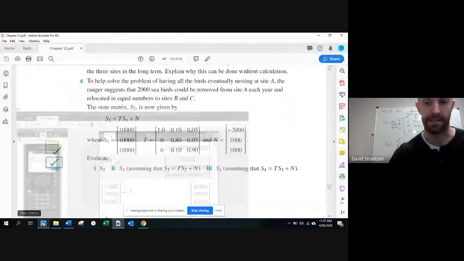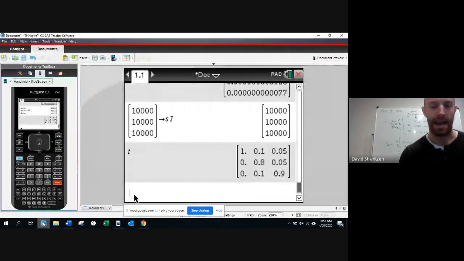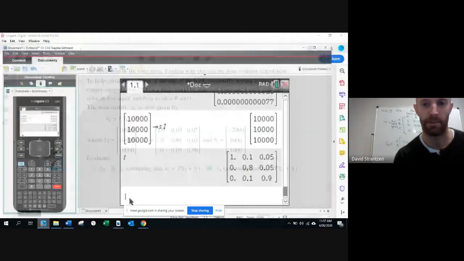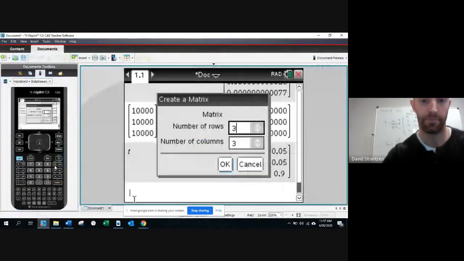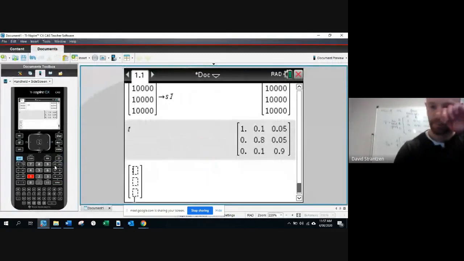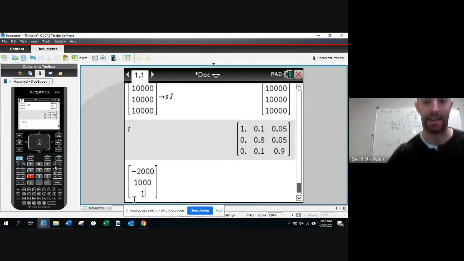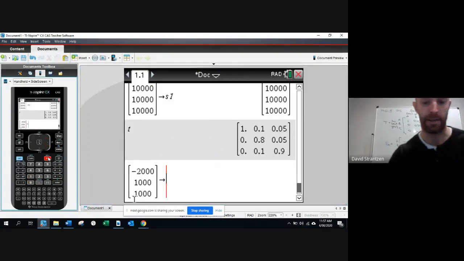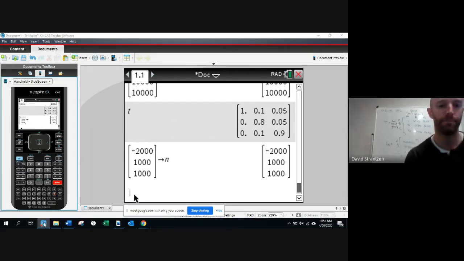T, just check that's still correct. Yes, it is. And I've got to input matrix N, which is a 3 by 1 matrix. Negative 2,000 from site A, adding 1,000 to site B, adding 1,000 to site C, and we're calling this matrix N.